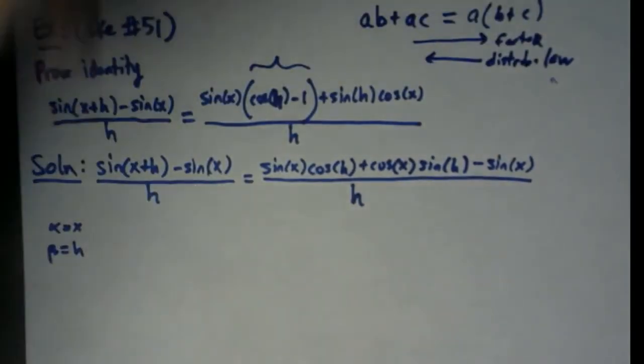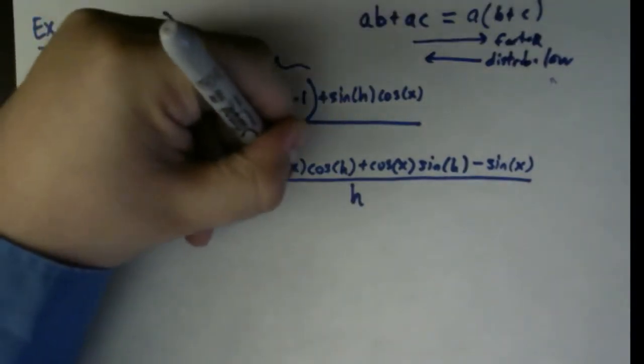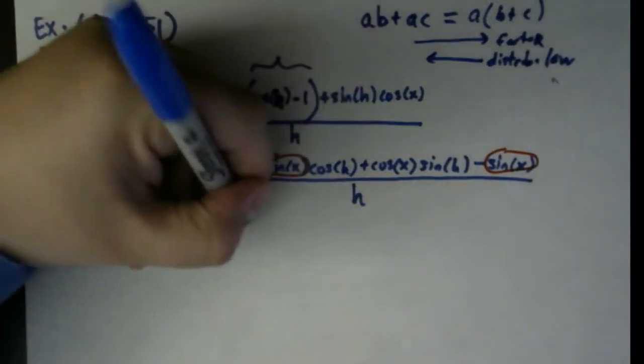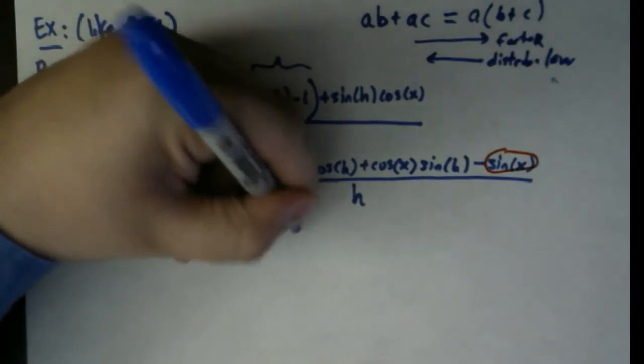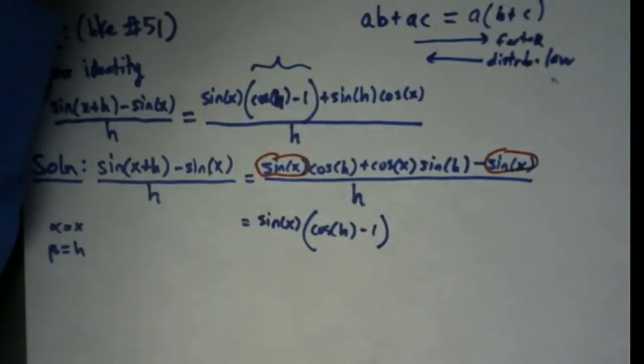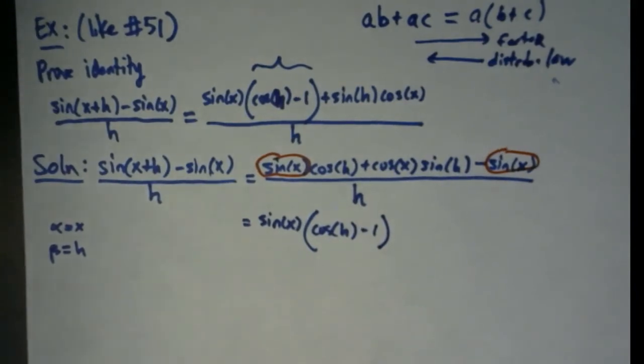So what I have here are two terms that have a sine x in them. It's this term and this term. So I'm going to factor out that sine of x from those two terms, and I'll be left with, for this term, a cosine of h, and from this term I'll have a 1 left over. Because when you factor, you're multiplicatively removing it. So you're left with what's called the multiplicative identity.